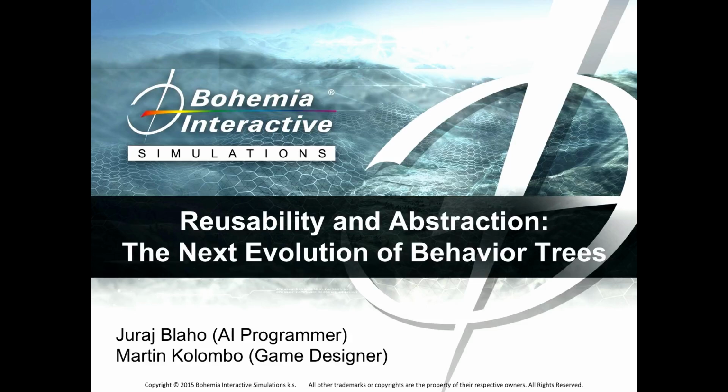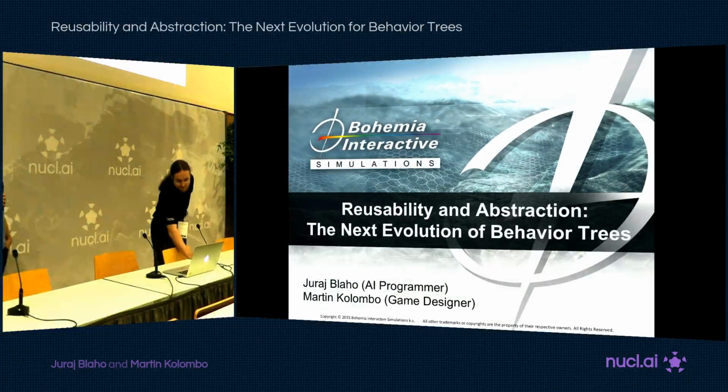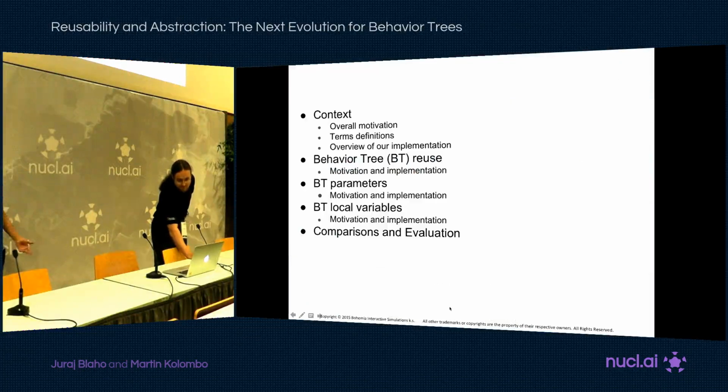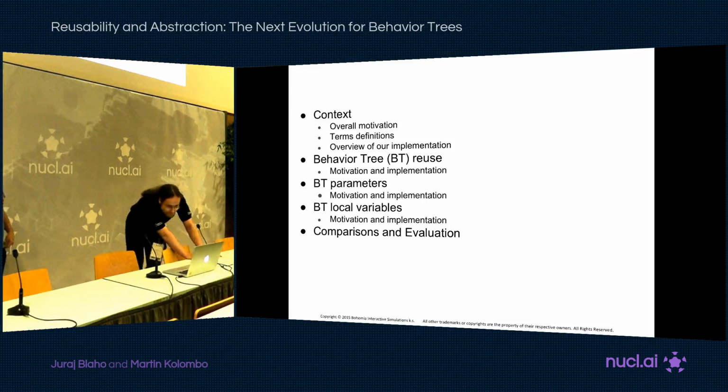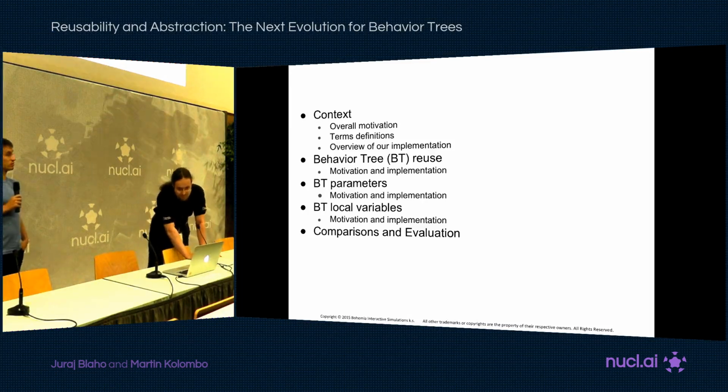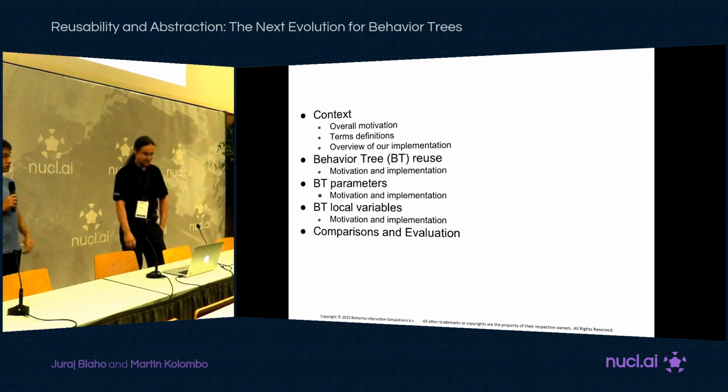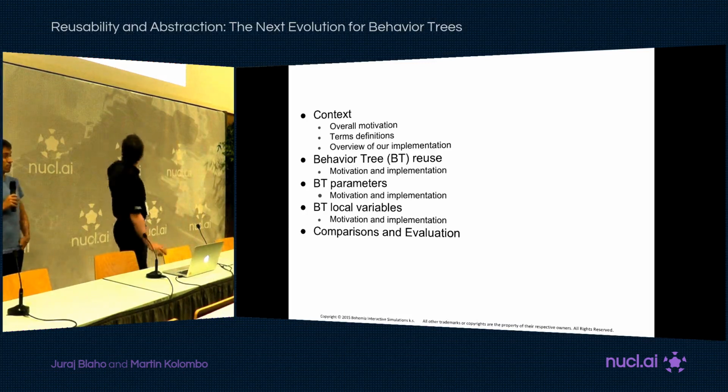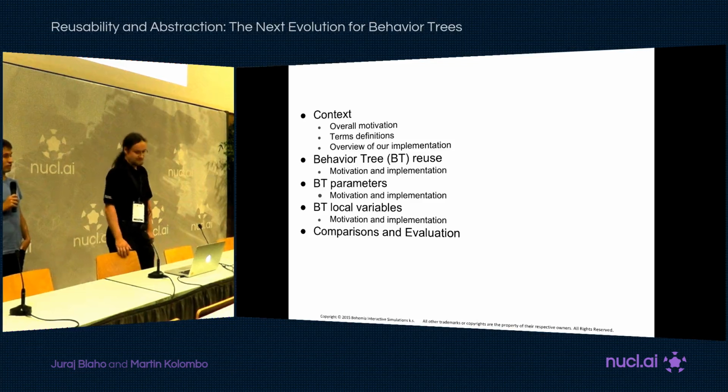Hello. In this talk, we are going to talk about reusability and abstractions in behavior trees. We will first start by explaining why we even need reusability or abstractions in behavior trees. Then we will talk about simple behavior tree reuse, and continuing and expanding on that, we will tell you how to implement parameters and local variables.